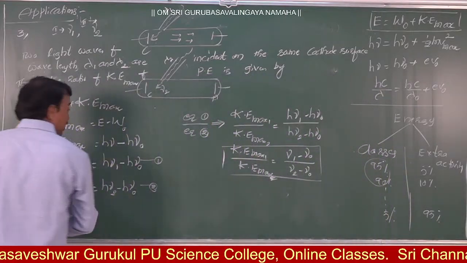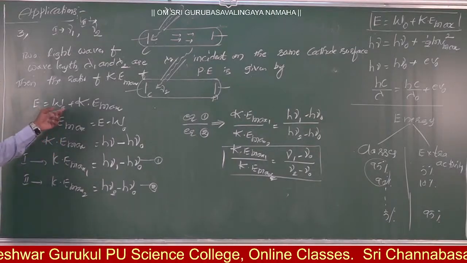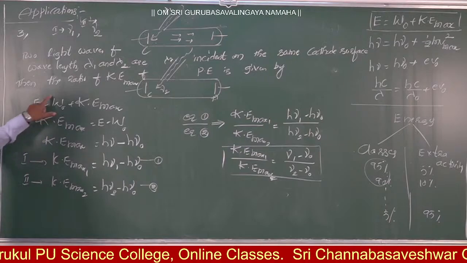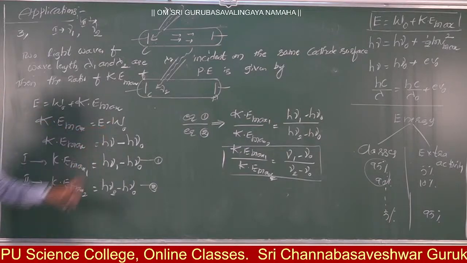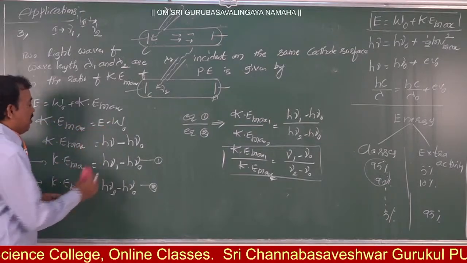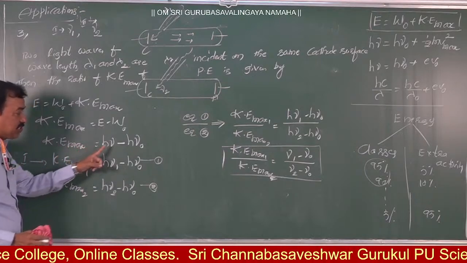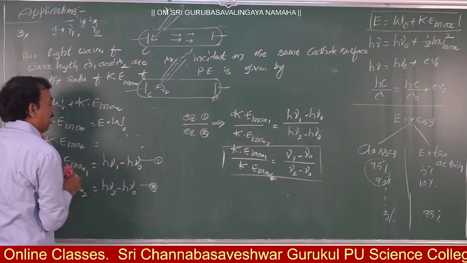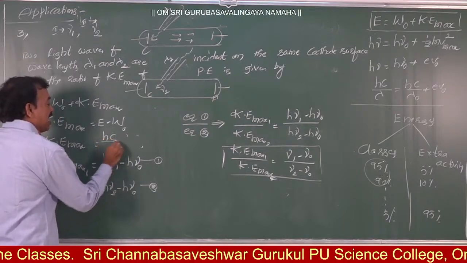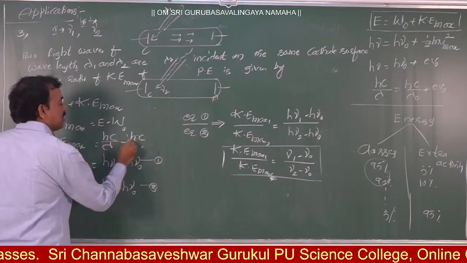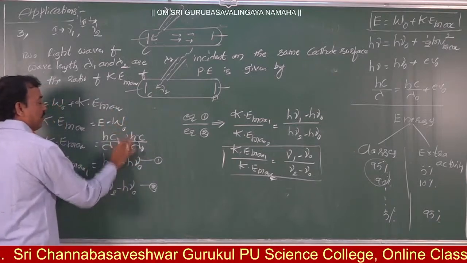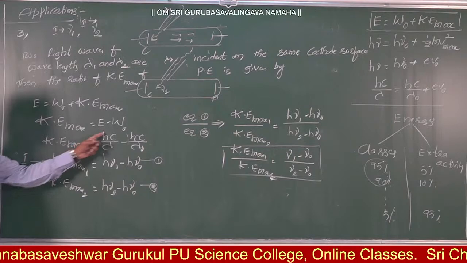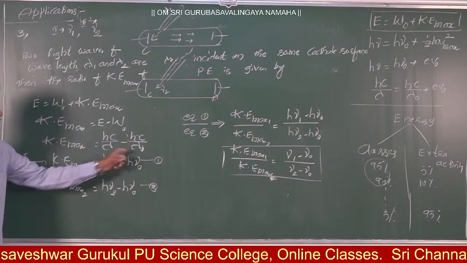Same equations here. E is equal to W0 plus KE max, so our KE max equation is E minus W0. So KE max is equal to hν minus hν0, which is equal to hc by lambda minus hc by lambda0.